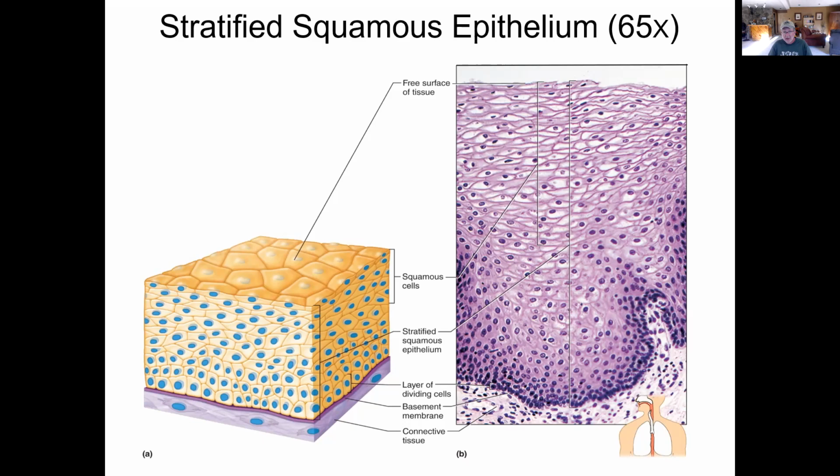If you lose your skin because of chemical damage or a flame, for example, a really bad flame injury, people succumb often to infection, unfortunately, but you also have to worry about water loss, which can lead to all sorts of issues.